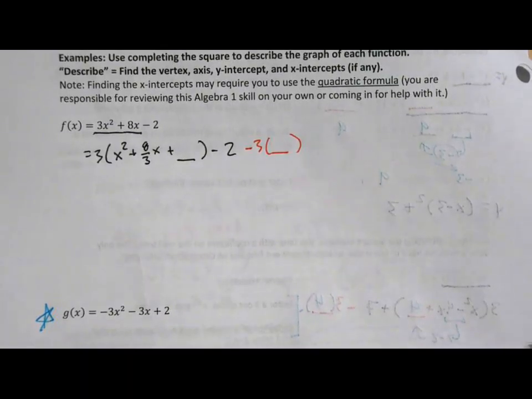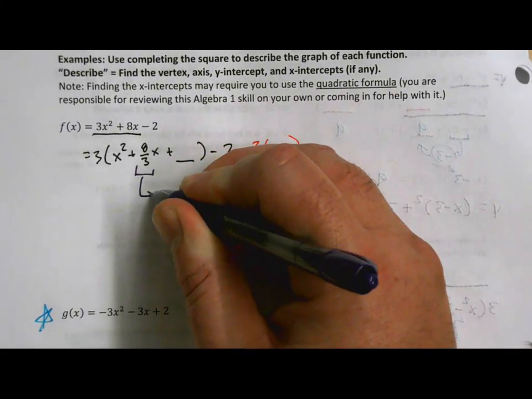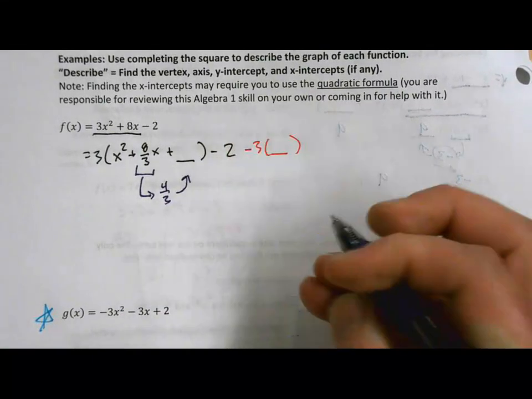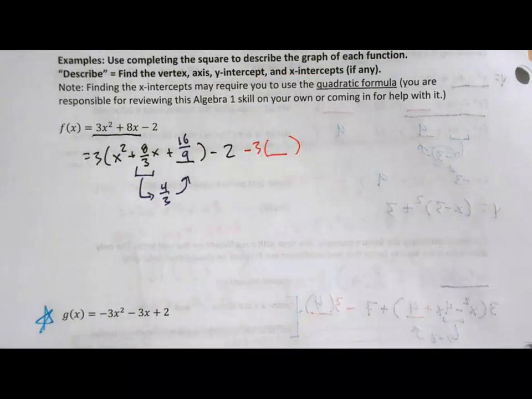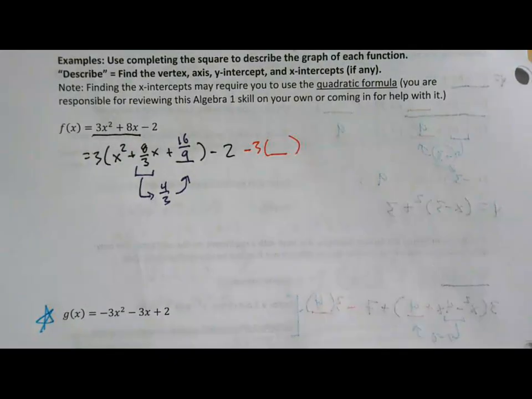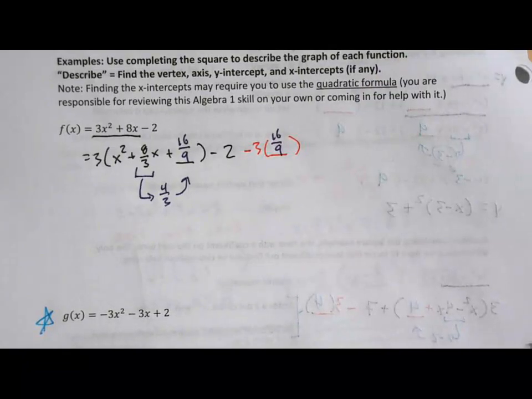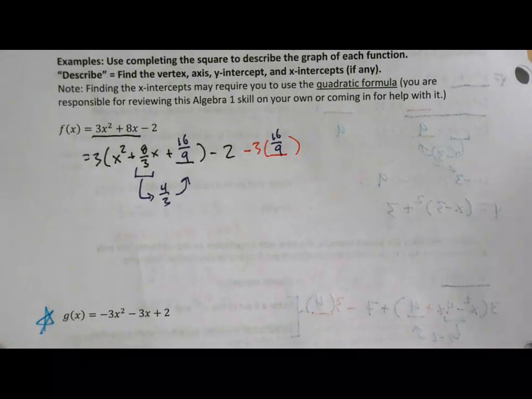All right. We've got some fraction stuff to do here, but that's all right. 8/3, cut it in half, gives us 4/3, square it: 16/9. Does that sound right? 16/9. And then let's simplify that.